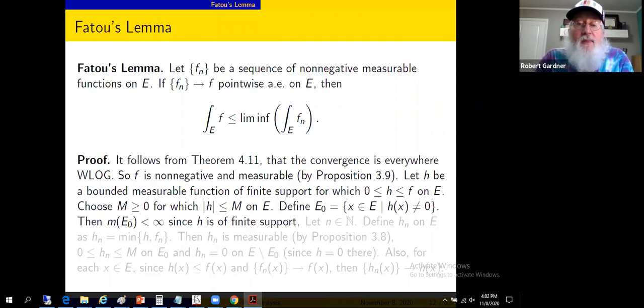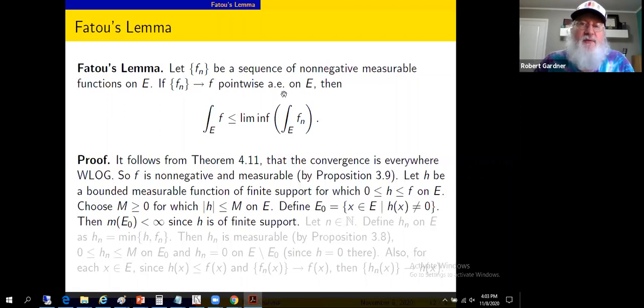Okay, we just observed the thing about sets of measure 0. Sets of measure 0 don't affect values of integrals. You're told in the hypotheses that we've got this sequence of non-negative measurable functions. Non-negative is our setting, so this deals with class 2 functions. And we've got pointwise almost everywhere convergence.